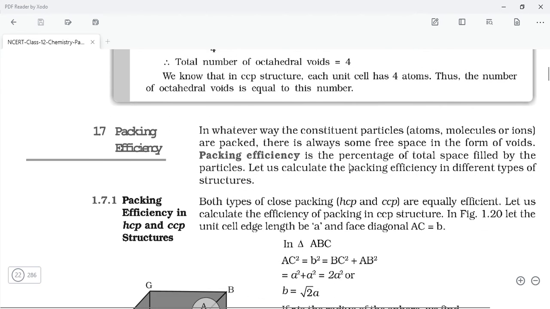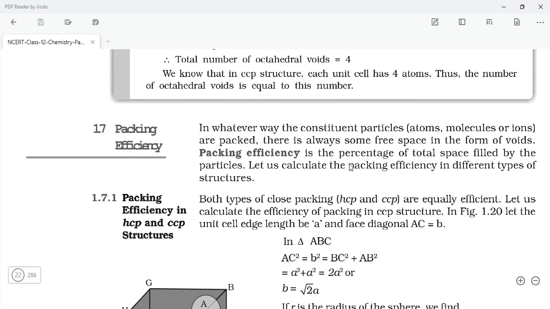Okay, moving on. In whatever way the constituent particles, atoms, molecules or ions are packed, there is always some free space in the form of voids. Packing efficiency is the percentage of total space filled by the particles. Let us calculate the packing efficiency in the different types of structures.